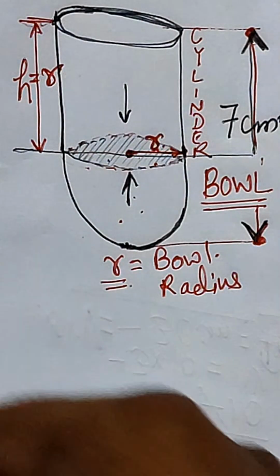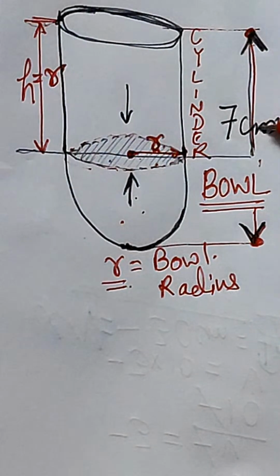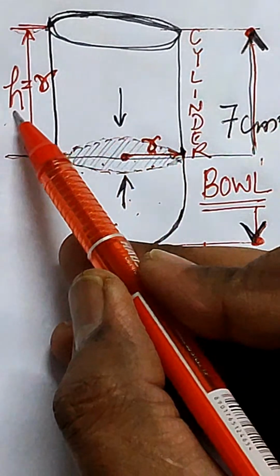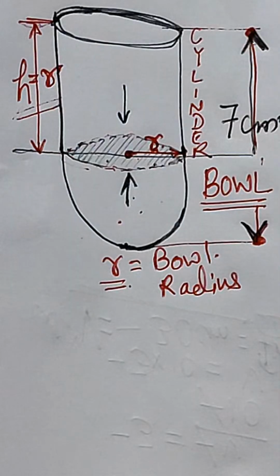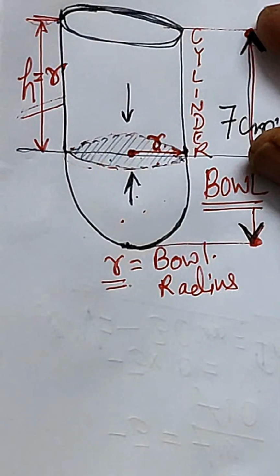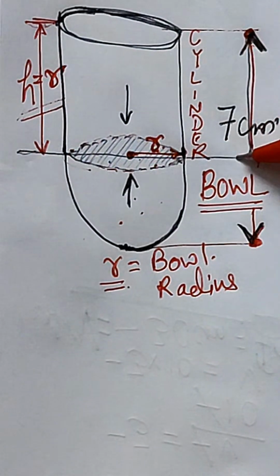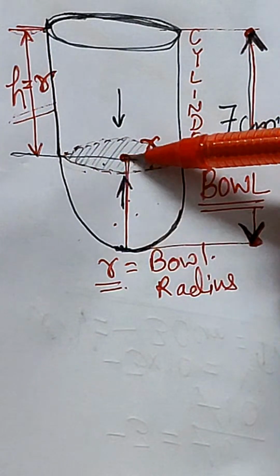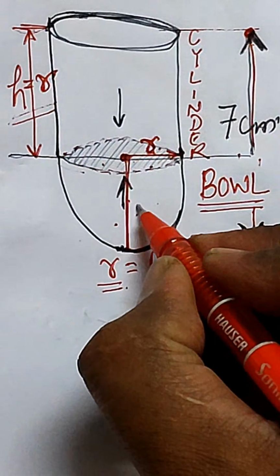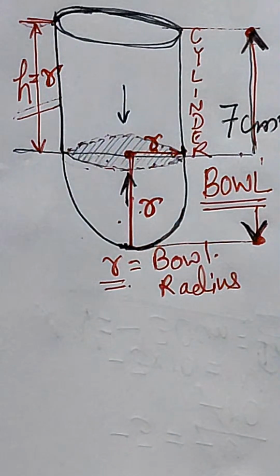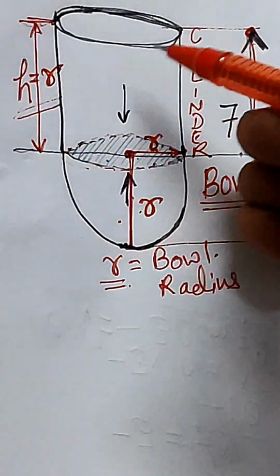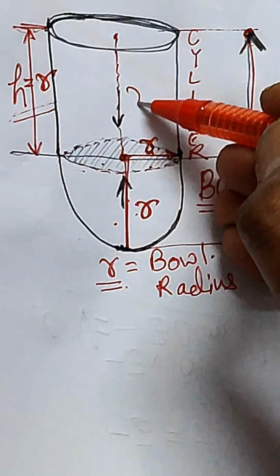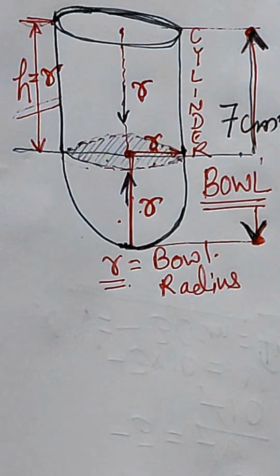If this is 7 centimeter, then you can calculate the value of r. How? Let us see. Since h equals r, this section from here to here will be r, and after that this portion is the radius of the bowl, and from top to this point is also r.